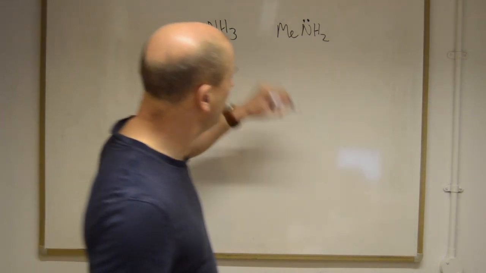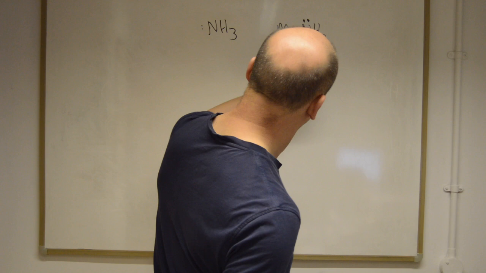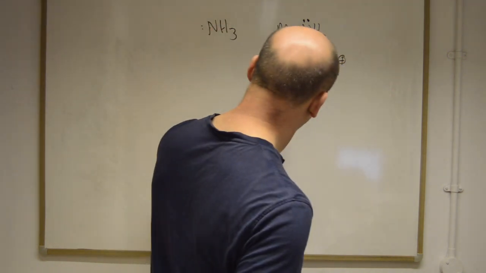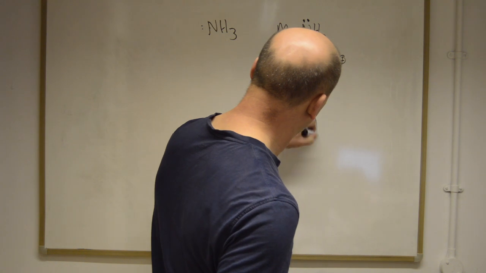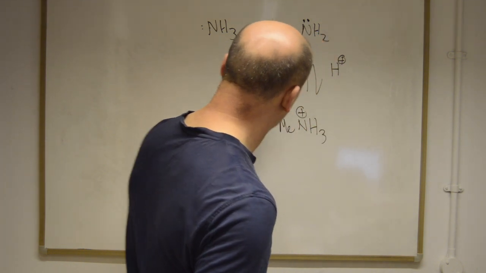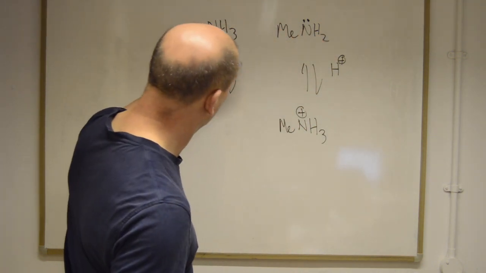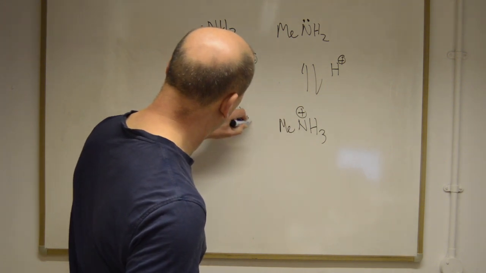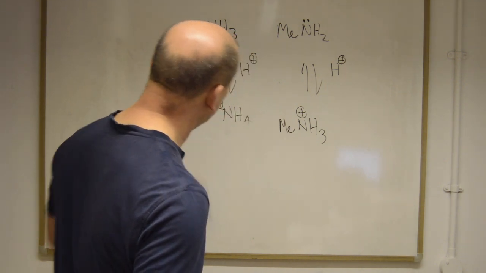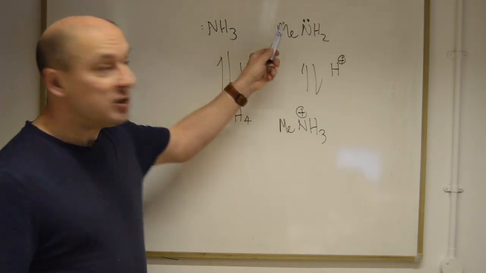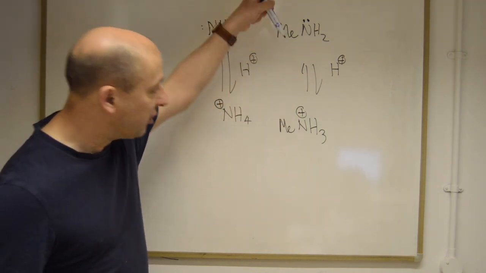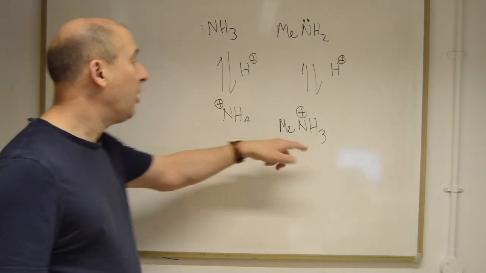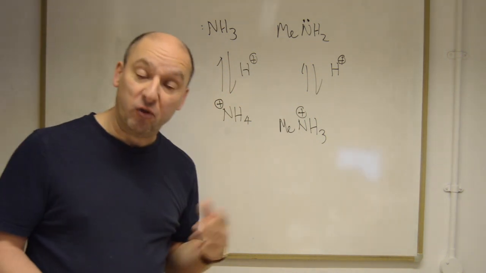So we know if we add an acid, then this is more basic, which means that equilibrium is further towards the ammonium salt than we get when it's just NH4+.